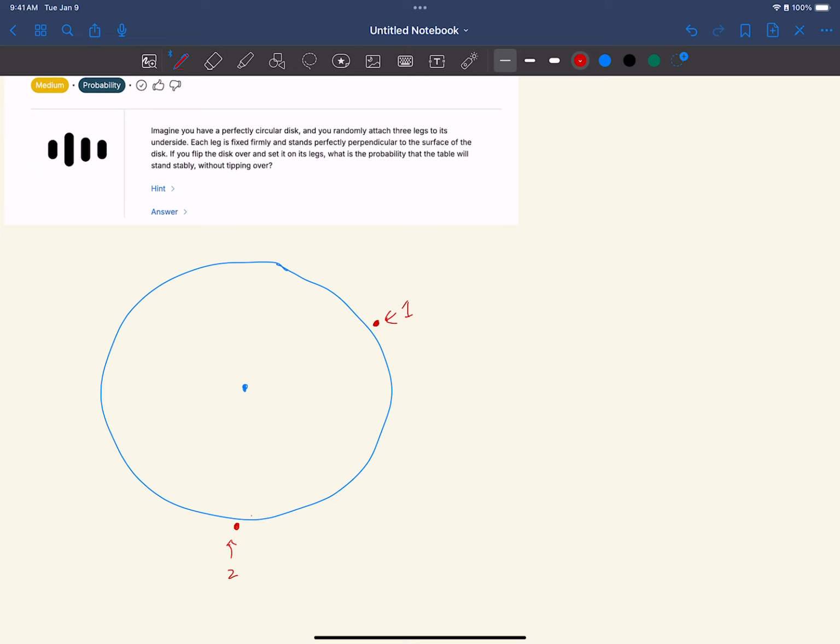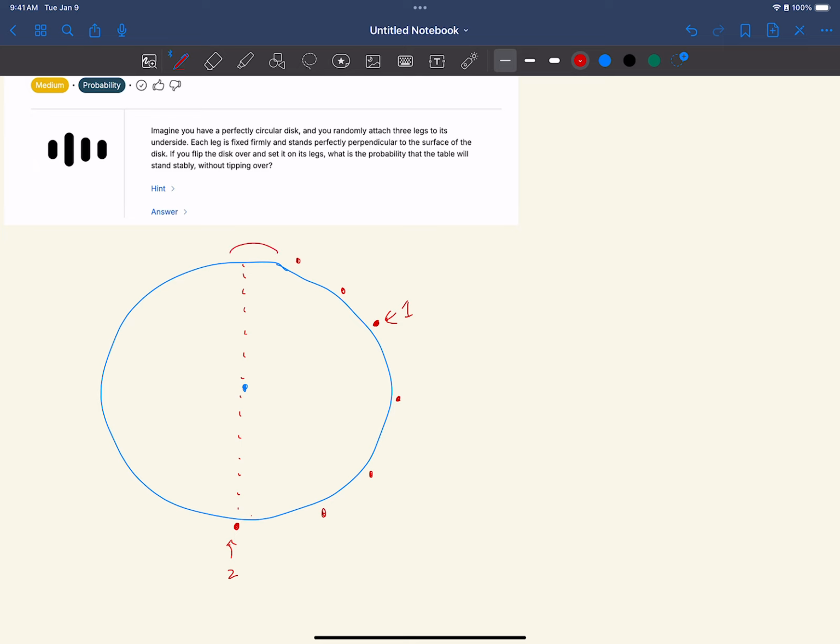We need to know where the third one will go before we can figure out the probability. And so let's analyze, given this placement of 1 and 2, what placement of 3 will cause the table to fall over? Well, as long as the next point is within 180 degrees of 1 and 2, the table will fall over. So if we put the point here, or here, or here, or here, or here, the table will absolutely fall over.